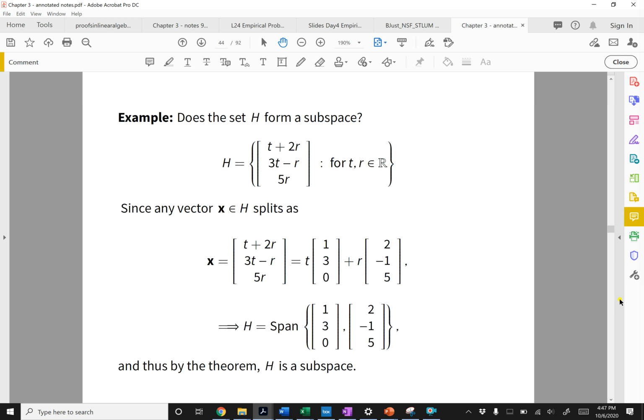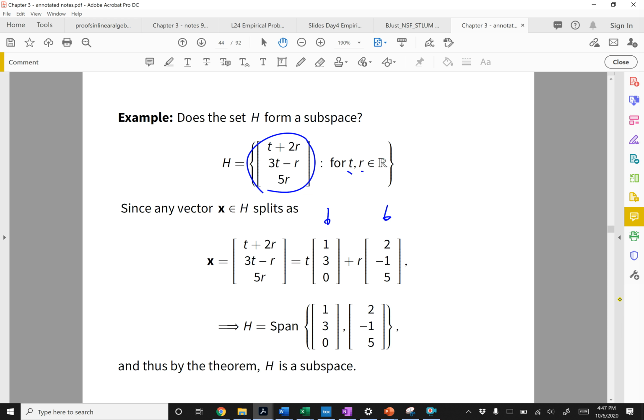Okay, here's an interesting one. Does the set H form a subspace? And H is all of the vectors of this form, for any t and r. So it's easiest to split them up.